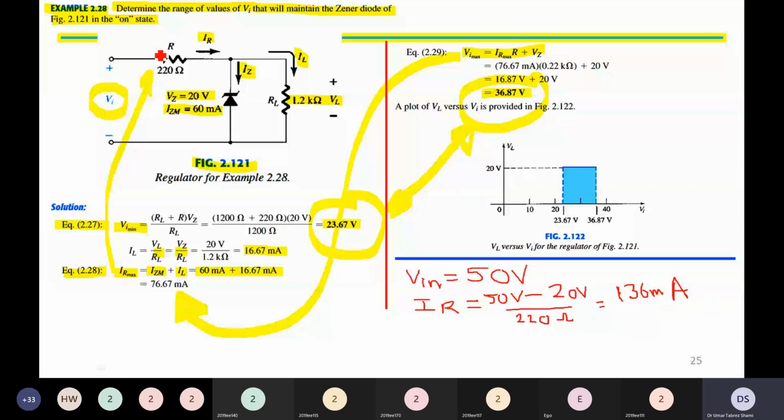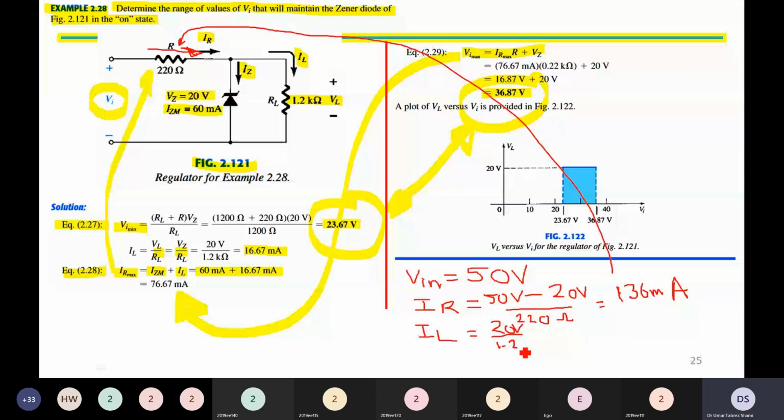Under such circumstances, what is the value of the load current? Load current is fixed at 20 volt from the Zener diode divided by 1.2 kilo ohms.